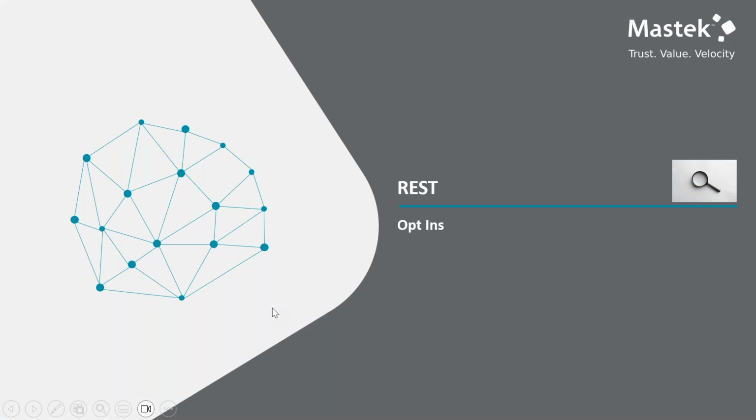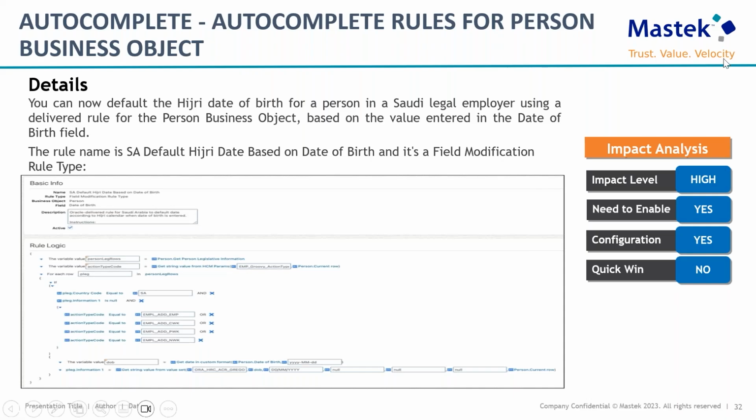Next features are of the REST category, wherein you need to perform configurations and/or testing or both. This is one of the good features, I can say, which is released now and would be more useful for SA legislation or legislative organizations.